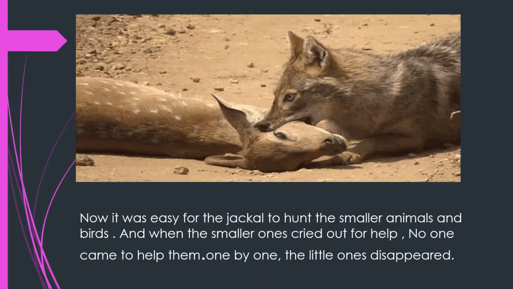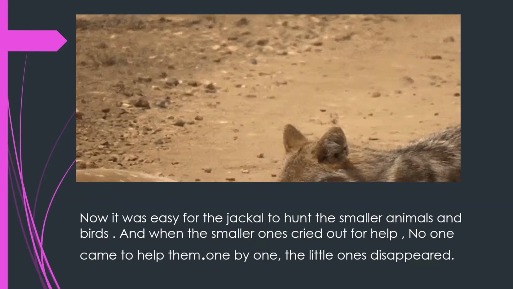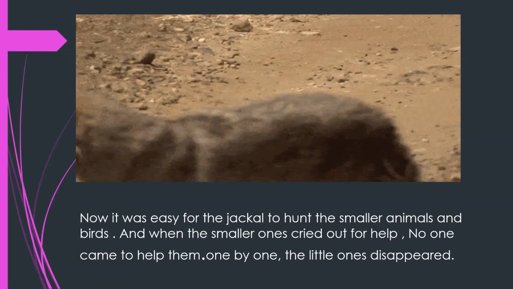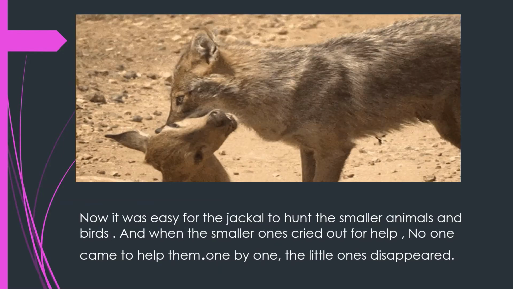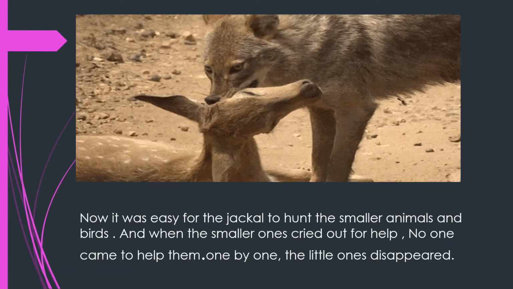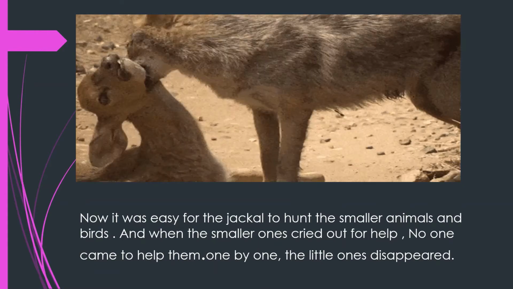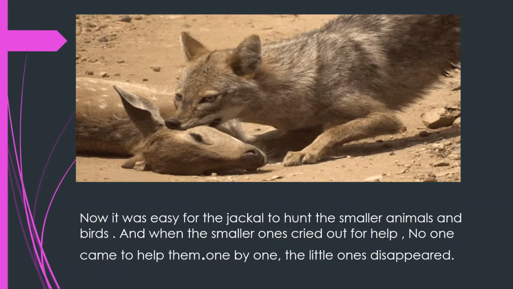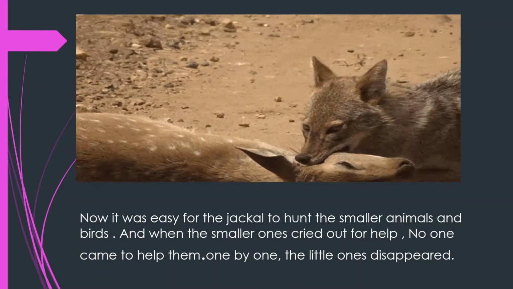And when the small animals shouted for help, no animals turned to help them because now there is no unity among the animals. So it's a good chance for the jackal to kill the animals one after the other and have them as its meal. The smaller ones started to vanish from the forest one by one.